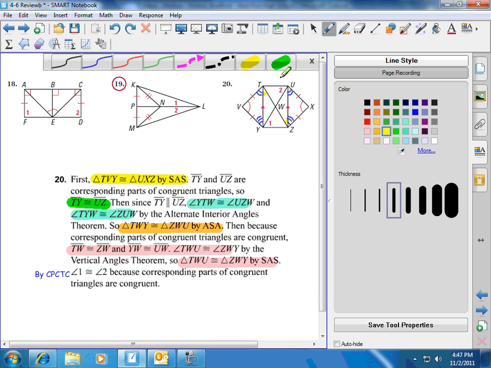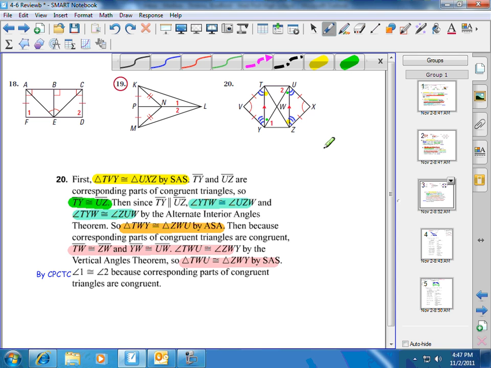And then this angle here is congruent to this angle here by alternate interior angles. All right?